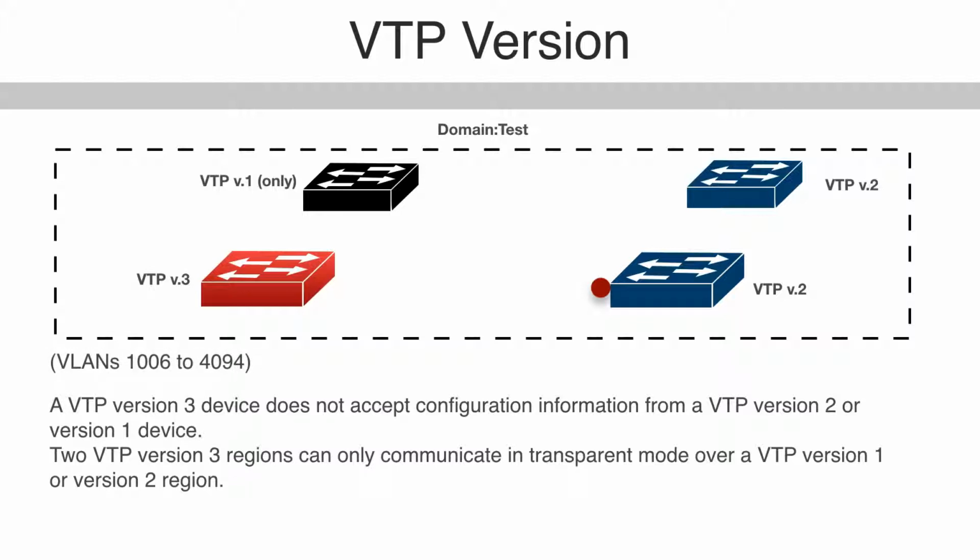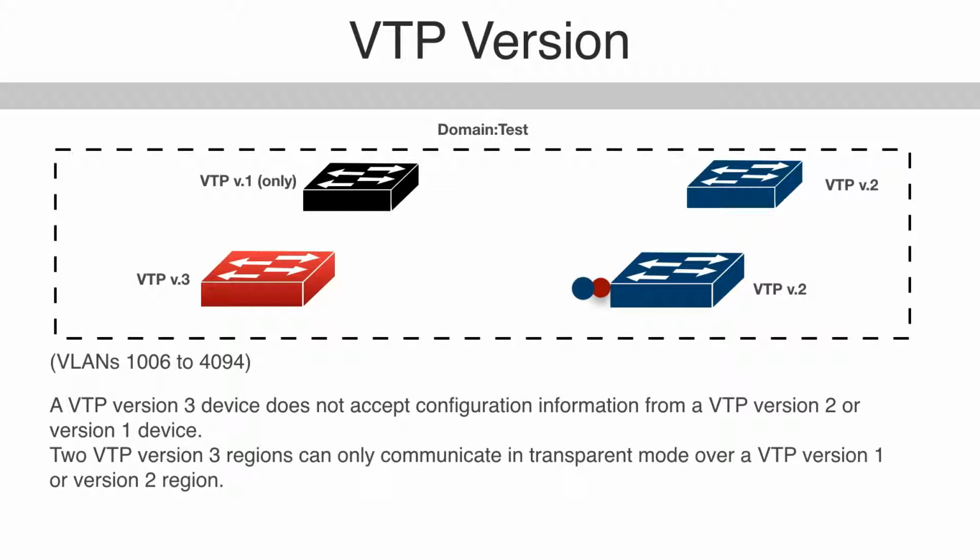VTP version 1 and version 2 do not propagate configuration information for extended range VLANs, VLANs 1006 to 4094. You must configure these VLANs manually on each device. VTP version 3 supports extended range VLANs and extended range VLAN database propagation.